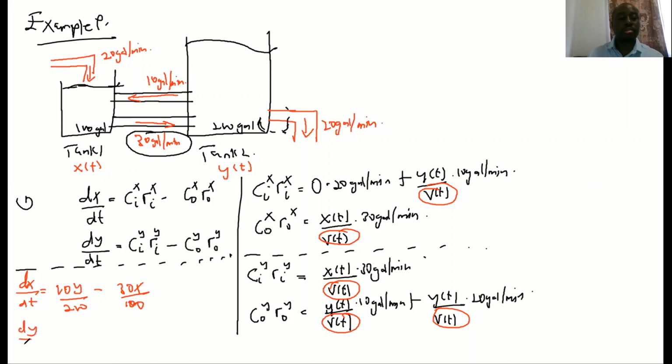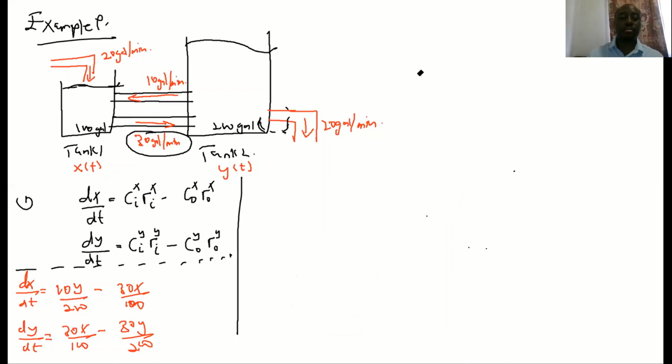And then in tank 2, for the inflow, we have 30x over 100 minus 30y over 200. And so if we simplify that, we come up with the equations.